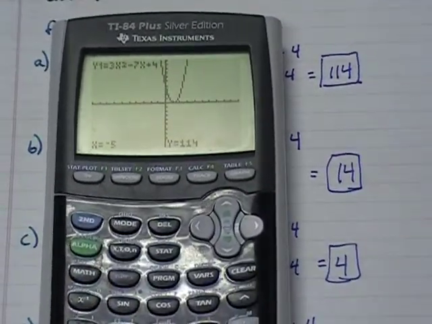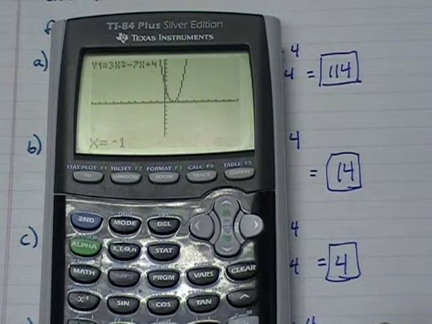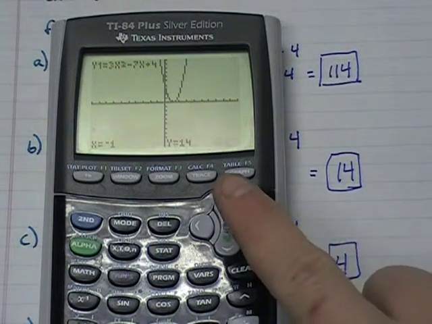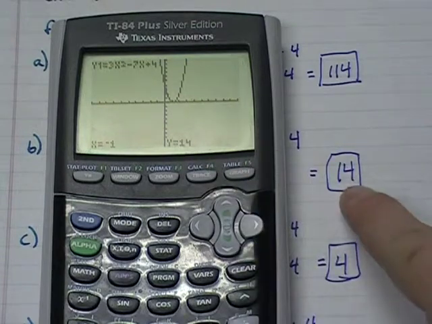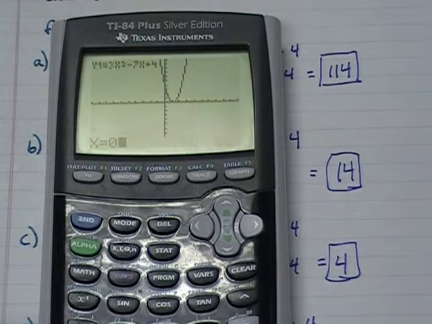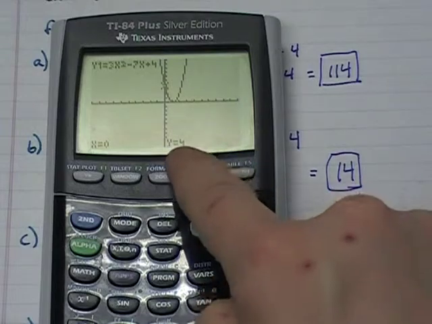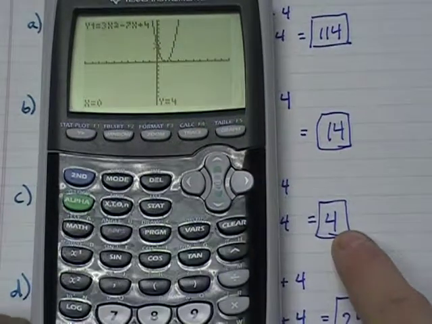Now, normally when you use your calc menu, you have to go back out and redo this over and over. However, if you have multiple questions about one equation, you can simply continue to type in values and press enter. So I'm going to type -1, enter, and I get 14. 0, enter, and I get 4.